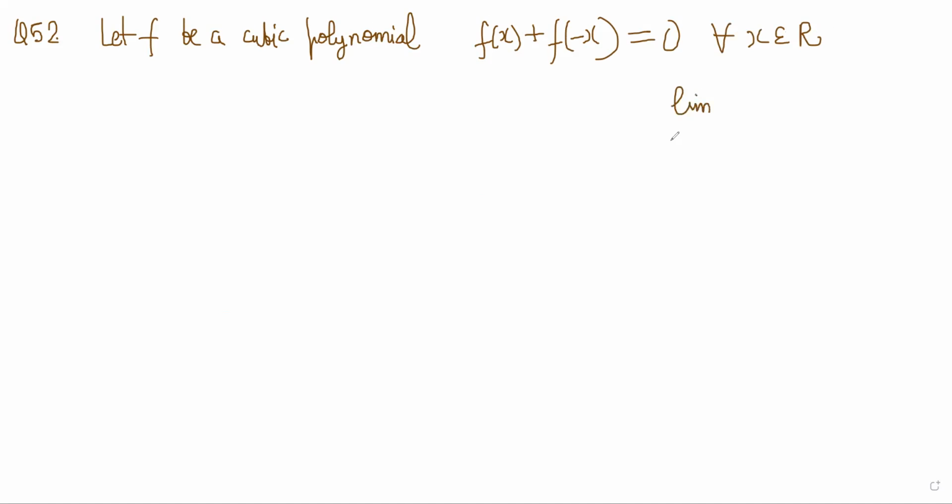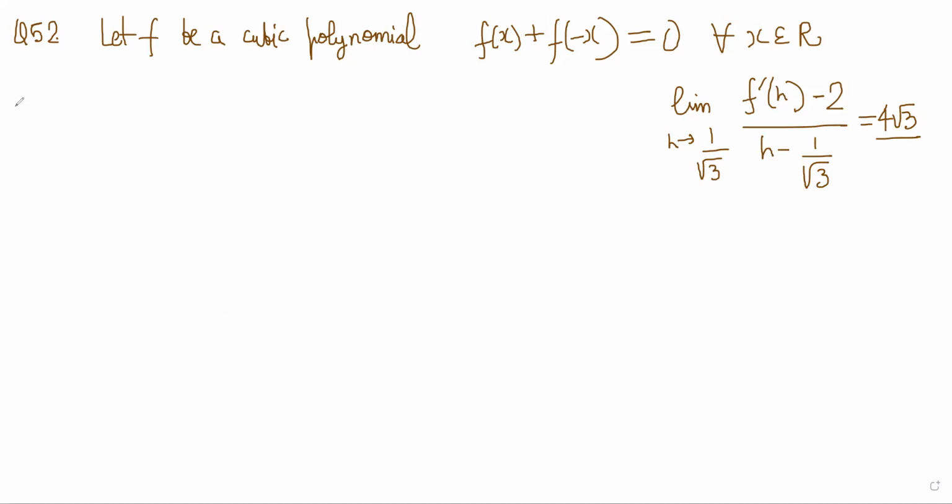We also have the limit as h tends to 1 by root 3 of (f dash h minus 2) by (h minus 1 by root 3) is equal to 4 root 3, right?